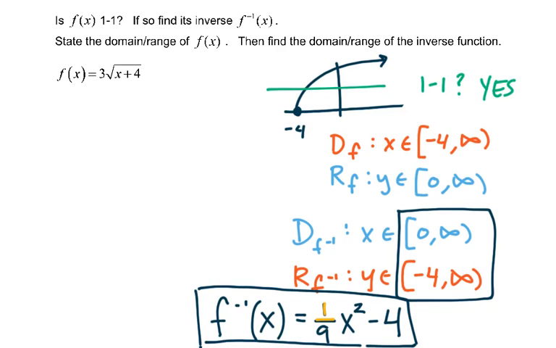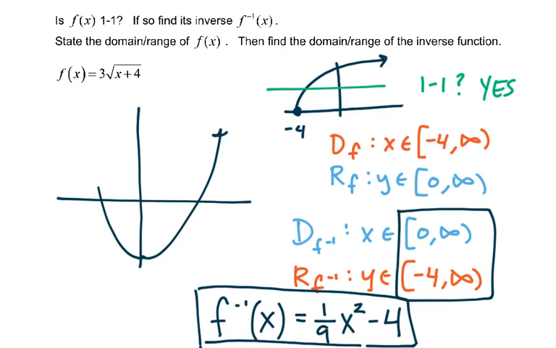We know that it is shrunk vertically by a factor of 1/9 and shifted down 4 units. So if I went to graph my inverse function, I would get a parabola shifted down over here at -4, and it should be compressed vertically, so it is 1/9 as tall.